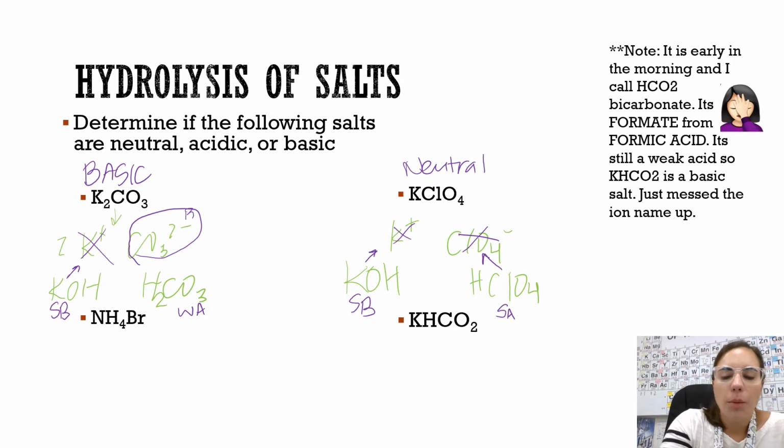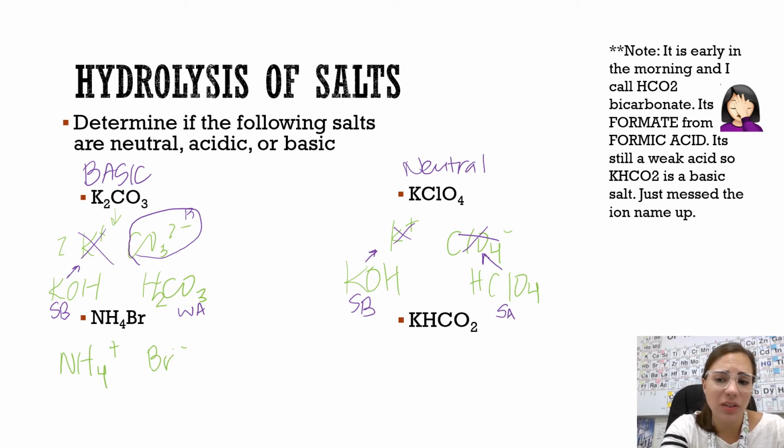All right, ammonium bromide. So we're going to break that apart, NH4 plus and Br minus. Now, when we see something like this, an N and hydrogen combination, it's not one of our cation metals that we put with hydroxide.